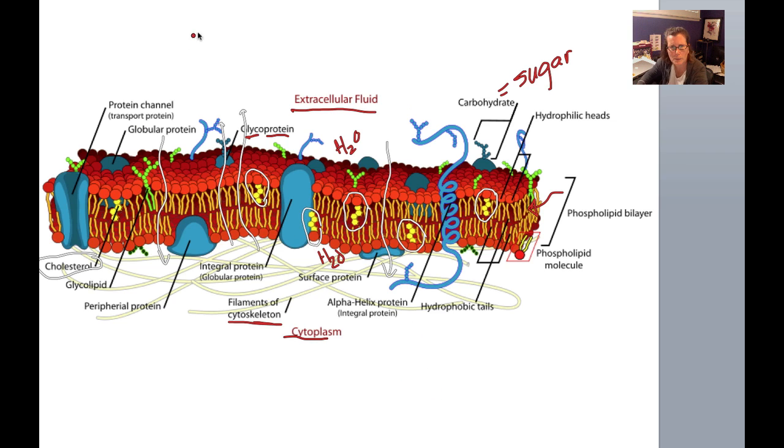So again, remember, this is the fluid mosaic model. It's called that because the cell membrane is very fluid. Everything is moving around. Nothing really stays in one place. And mosaic meaning everything is made up. This membrane is actually made up of many, many different molecules.